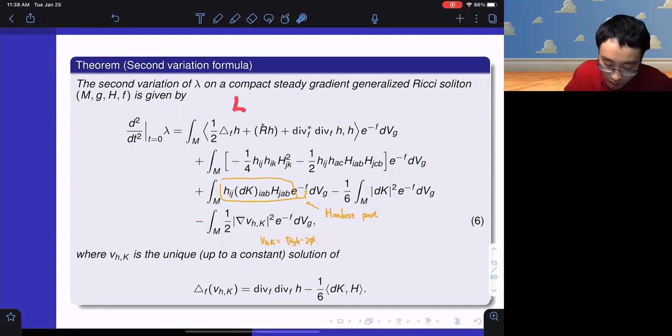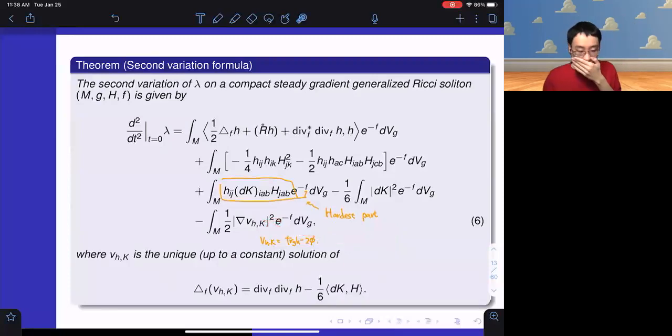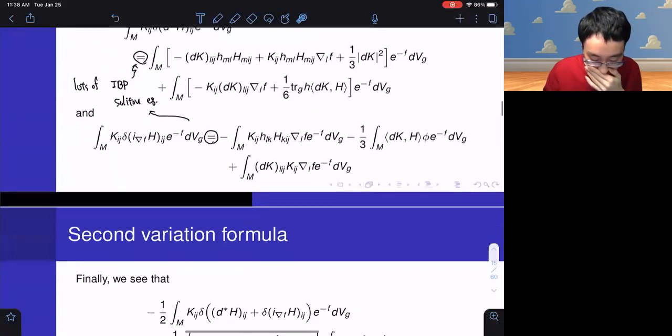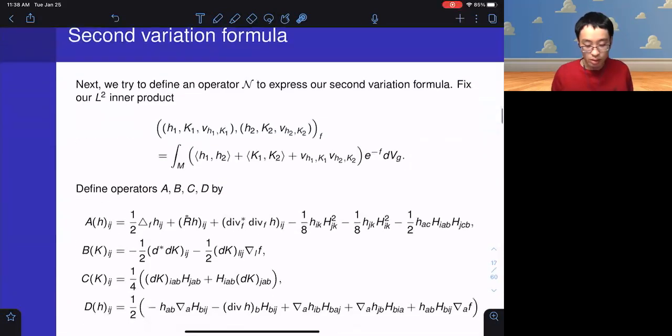We will have the operator L. So what's the operator corresponding to the second variation formula here? This is our goal. First we will fix our inner product like this.